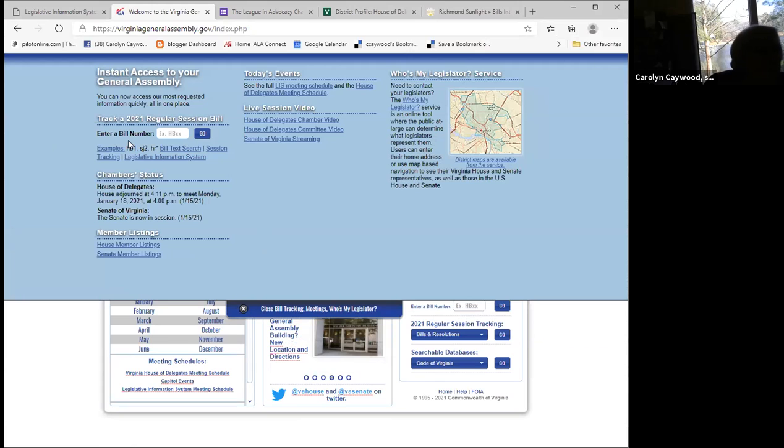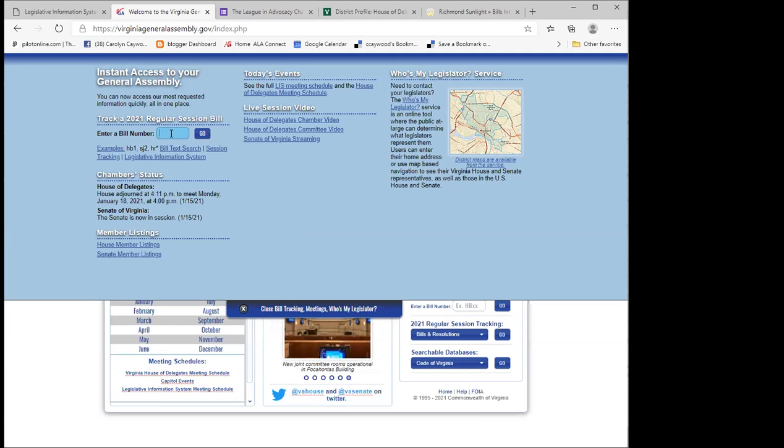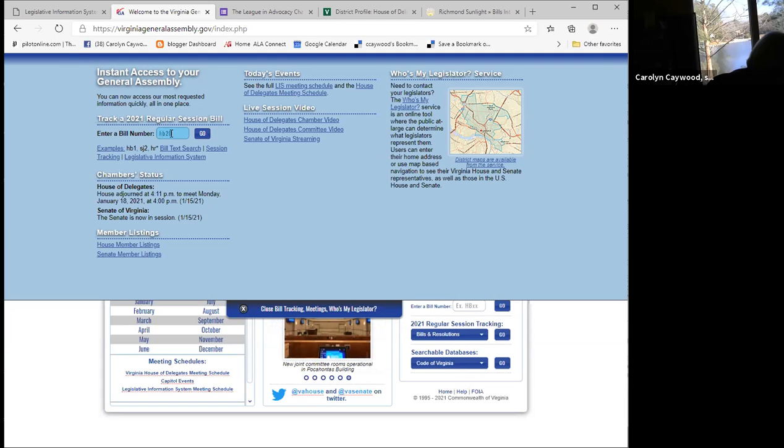So you can go directly to the legislative information system, or you can put a bill number in here. Does somebody have a bill they'd like me to put in? HB 2054. 2064.